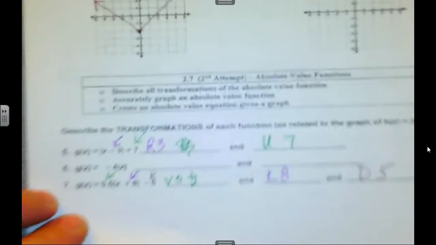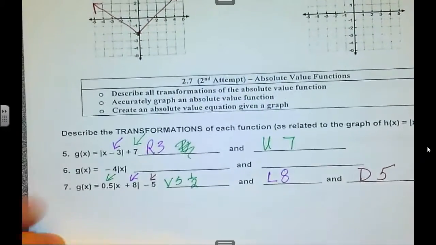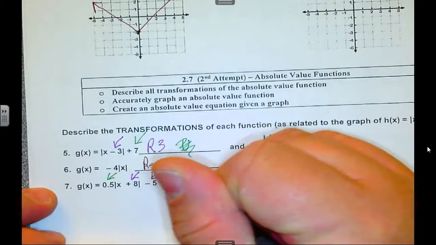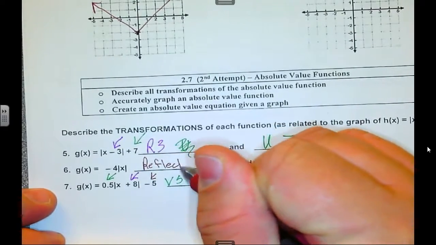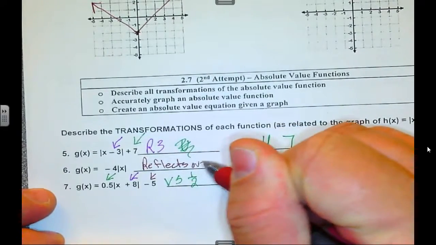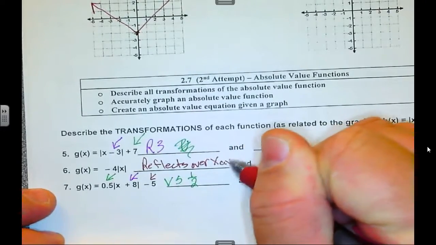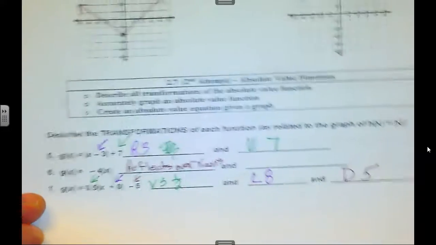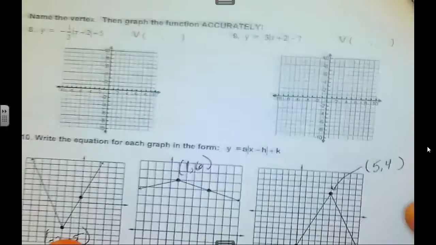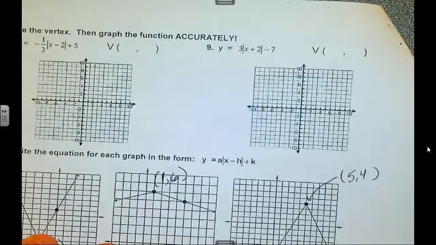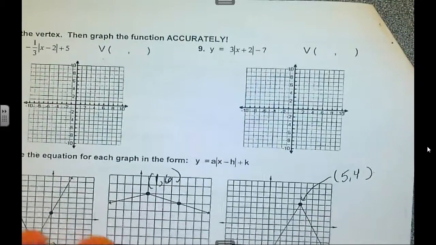Reflects over the x-axis. Anything else?